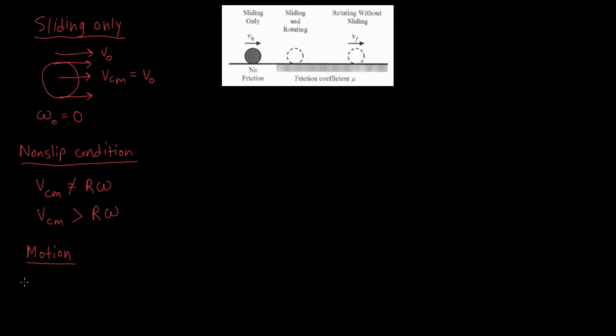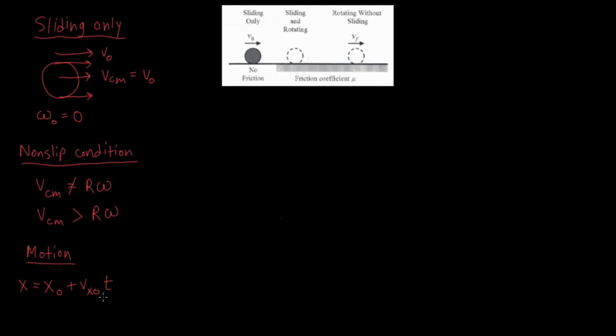So if you look on any physics formula sheet, one of the kinematic equations is that the final x position of the object is equal to the initial x position of the object plus the initial velocity of the object in the x direction times the time in which the object is sliding only.